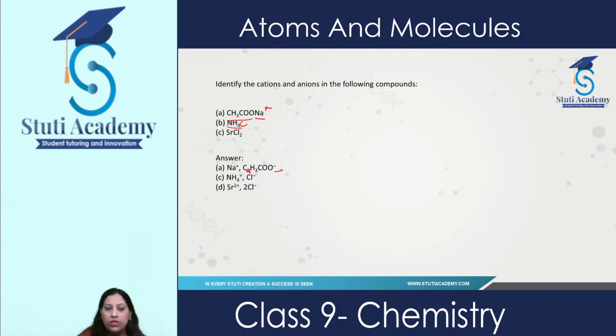Here NH4Cl. So NH4 is positive and Cl is negative. Then SrCl2, Sr is positive and Cl2 is negative. So these kinds of questions can also come in the exam. You need to identify the cations and the anions.